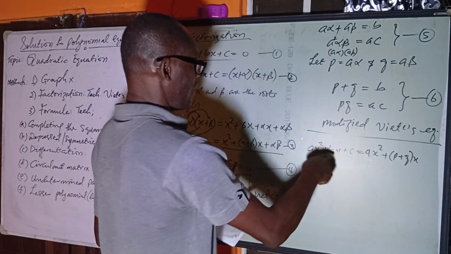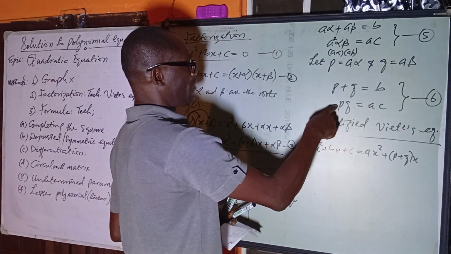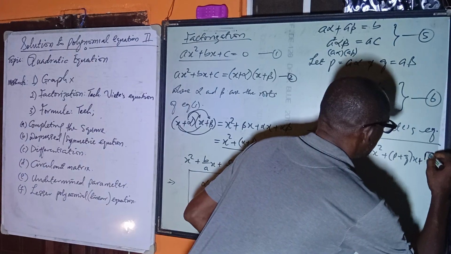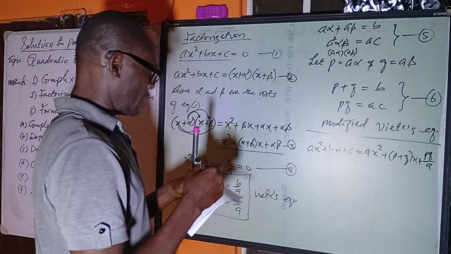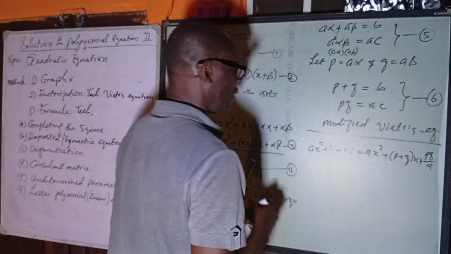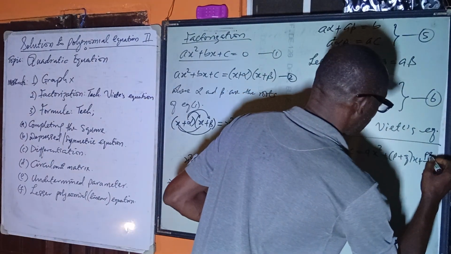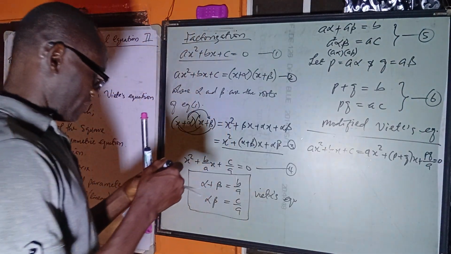Now I have my c from the second equation. If I make c the subject of the formula, I'll have pq over a. So I'll have plus pq over a, and this is all equal to 0.